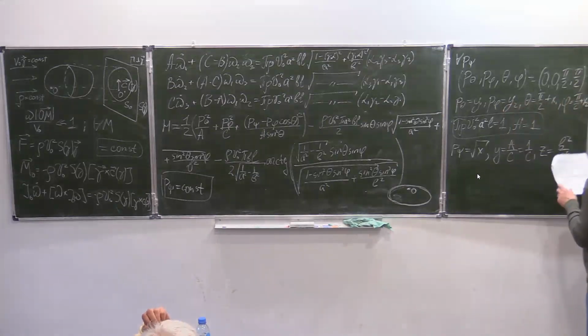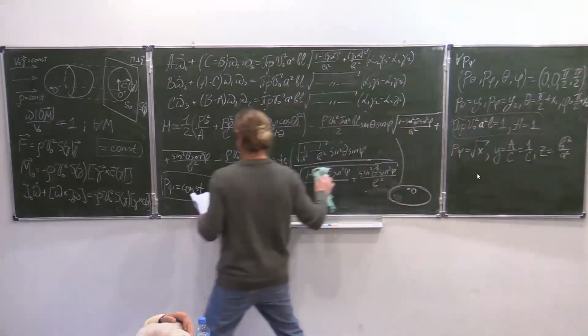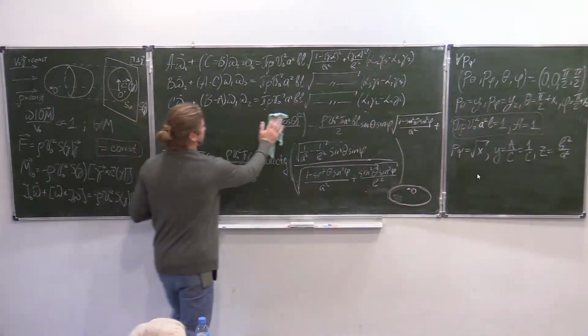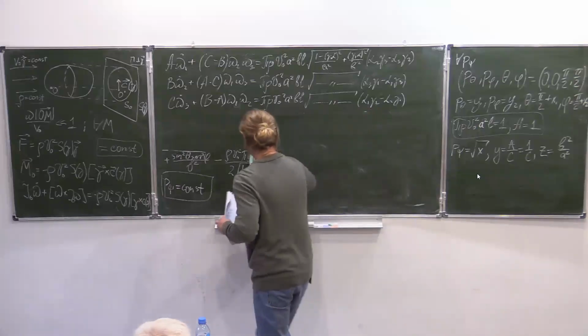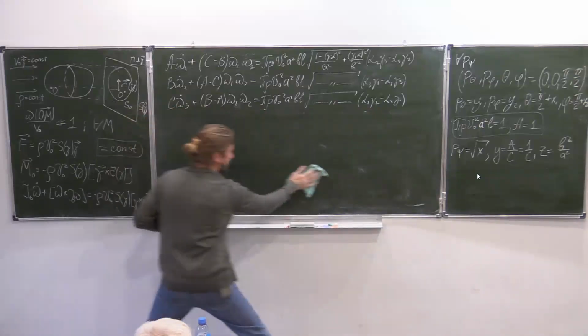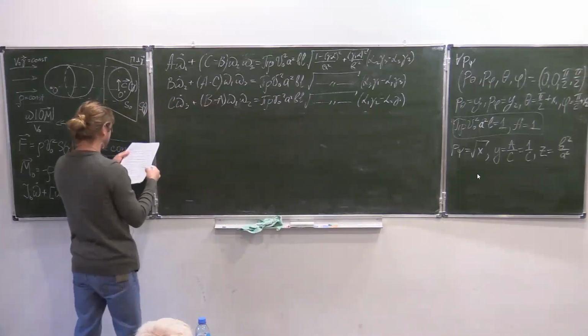We decompose the Hamilton function into a series in the neighborhood of the equilibrium position. Then the quadratic part of the Hamilton function will get this form.